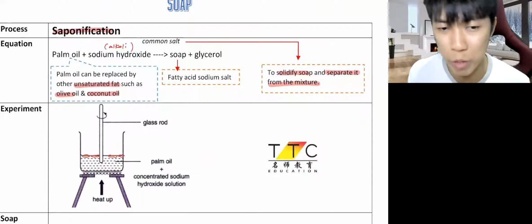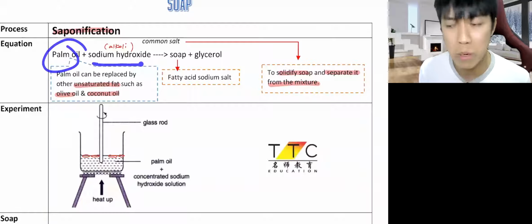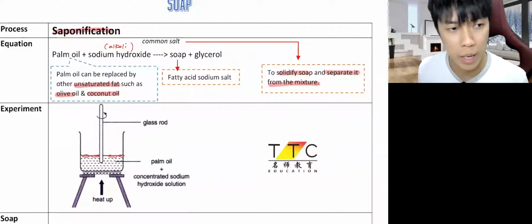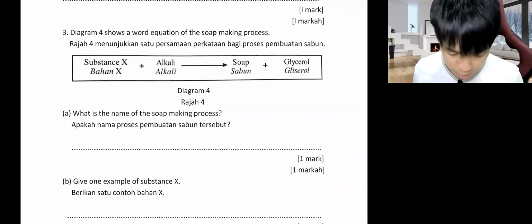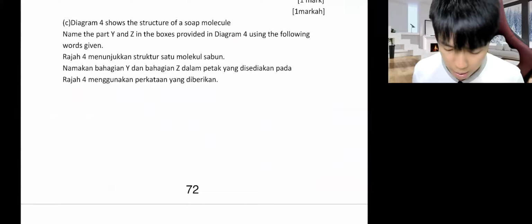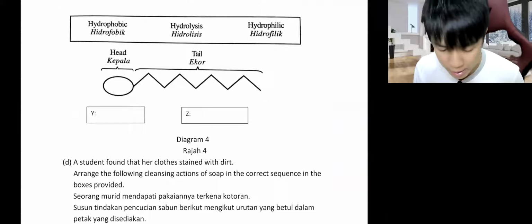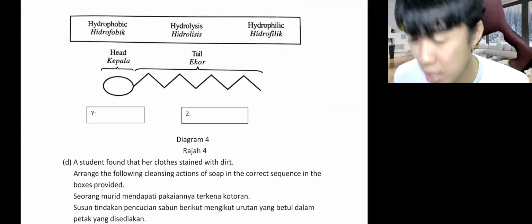Your question sometimes doesn't even give you the full equation. So palm oil plus sodium hydroxide, arrow, equals soap plus glycerol. Let's see what the next question wants. Name the part. You need to label the X and Y, Z and Y. Remember the head and the tail? There's a special name to it.